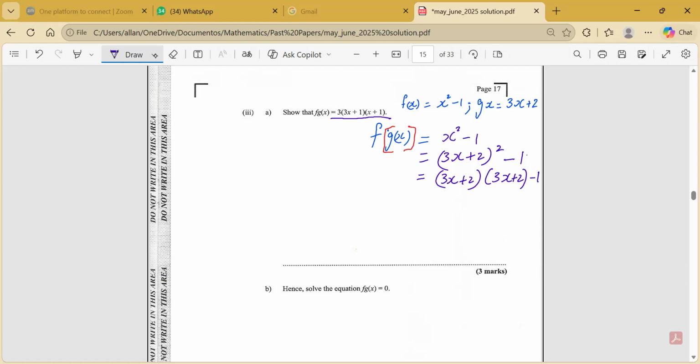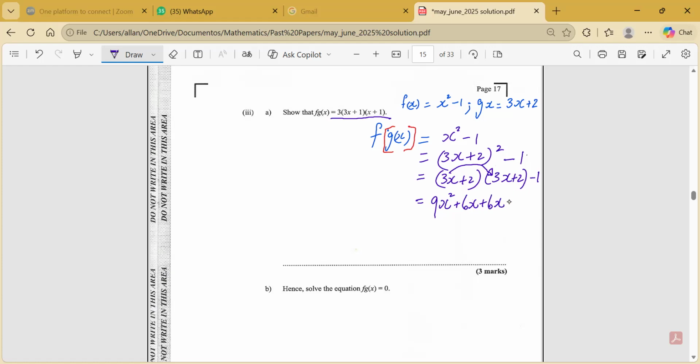No, Antonio. 3 by 3, well, it's not just 9. x by x is x squared. If you're multiplying, yes, sir, I forgot to put in the x. And then 3 by 2, 6x. And then 2 by 3x.